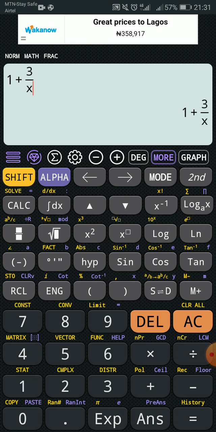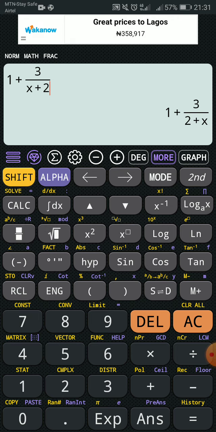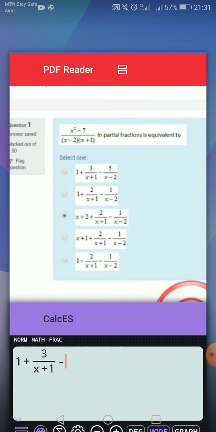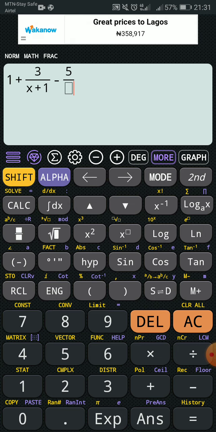That's alpha x plus 2. Let me quickly check that. Okay, that's alpha x plus 1, then minus, so x plus 1, then I move my cursor, minus, the other one is 5 over x minus 2, 5 over alpha x minus 2.